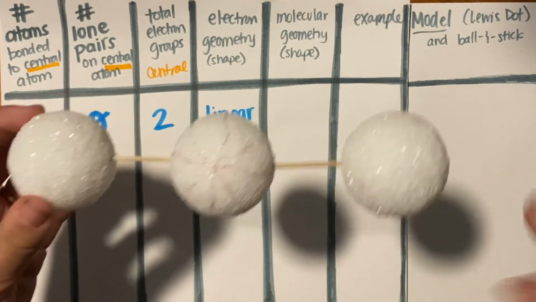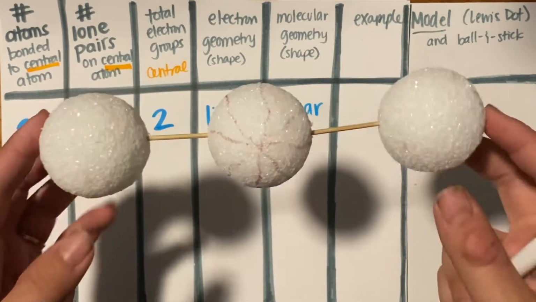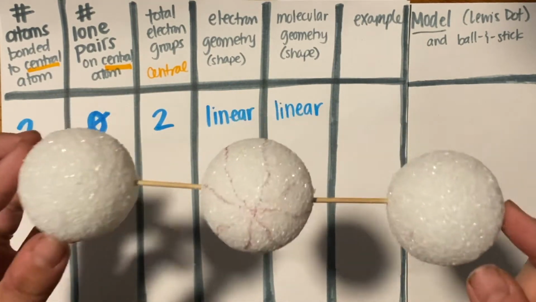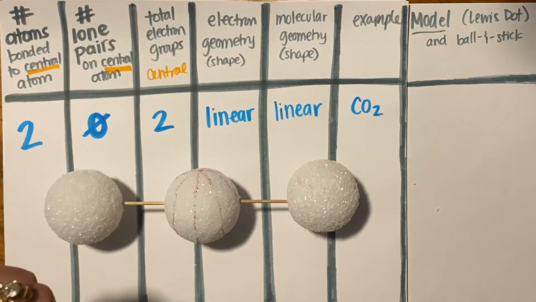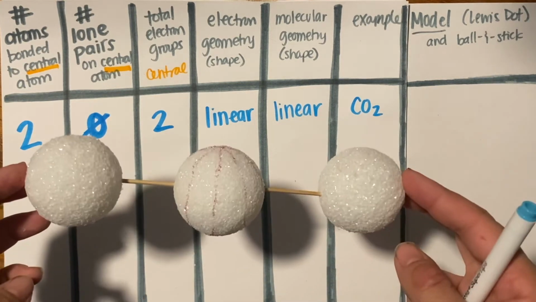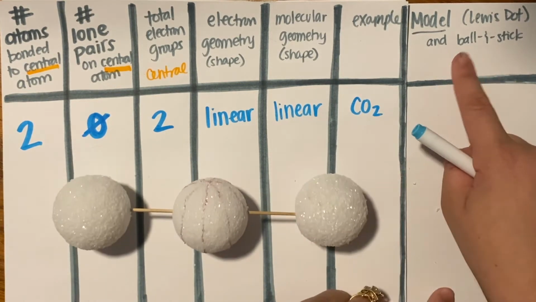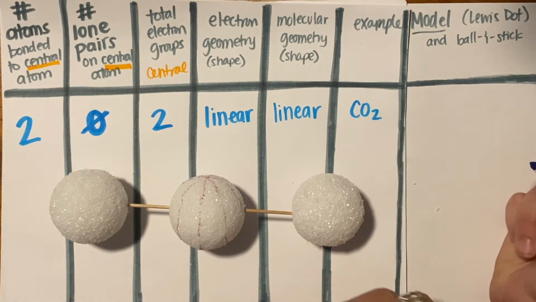They are linear, okay? A nice example in real life of a linear molecule is carbon dioxide. When you exhale, okay? Carbon dioxide is a linear molecule, and we can look at that, okay? If we were going to draw out the Lewis dot structure for carbon dioxide, right?